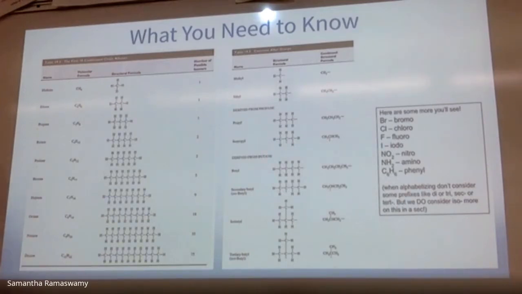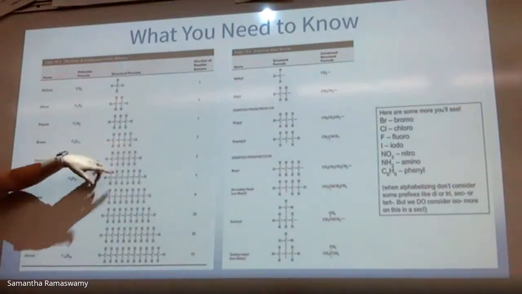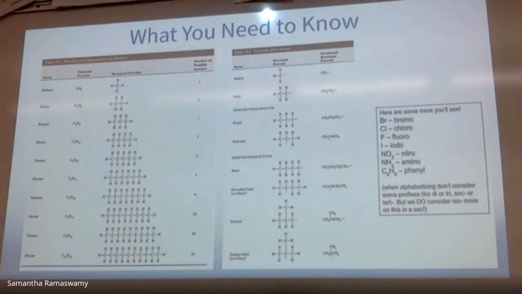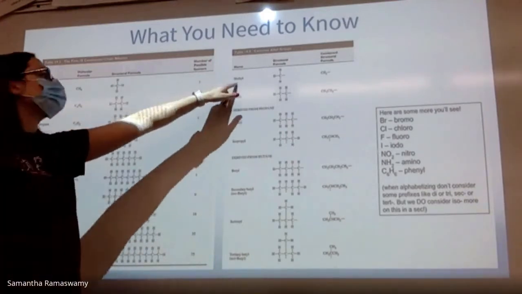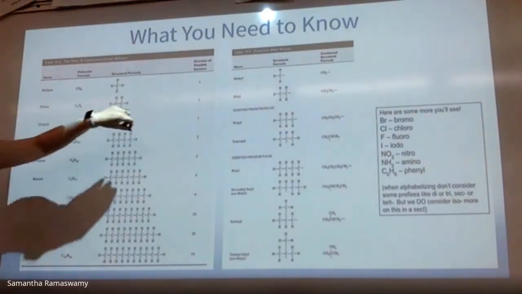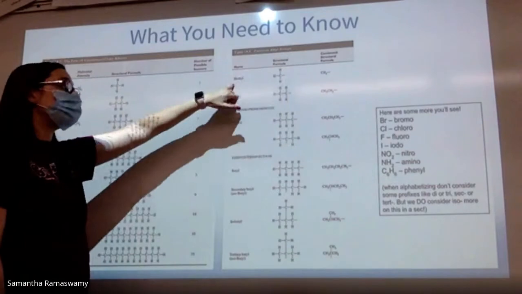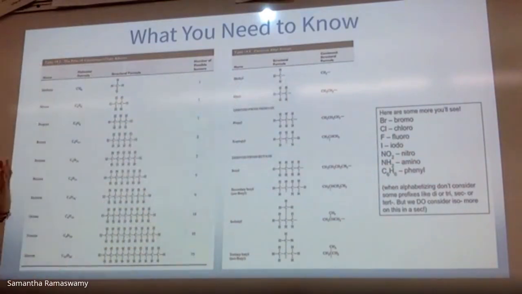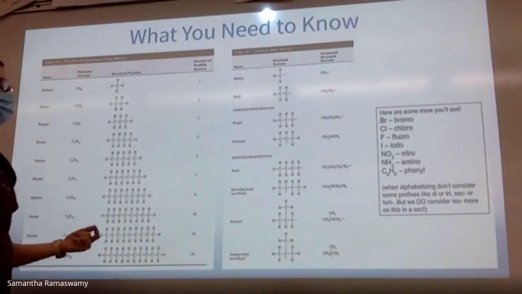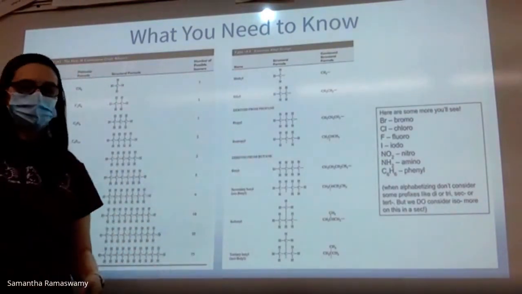Now, substituents. A substituent is something that is connected to the longest chain of carbons. It's also called a branching group, but you'll notice that it looks similar to the parent name. So instead of methane, if it's connected to the main chain with 1 carbon, it's methyl. We drop the -ane and add -yl. Or an ethyl group, propyl, 3 carbons. Butyl is 4 carbons.